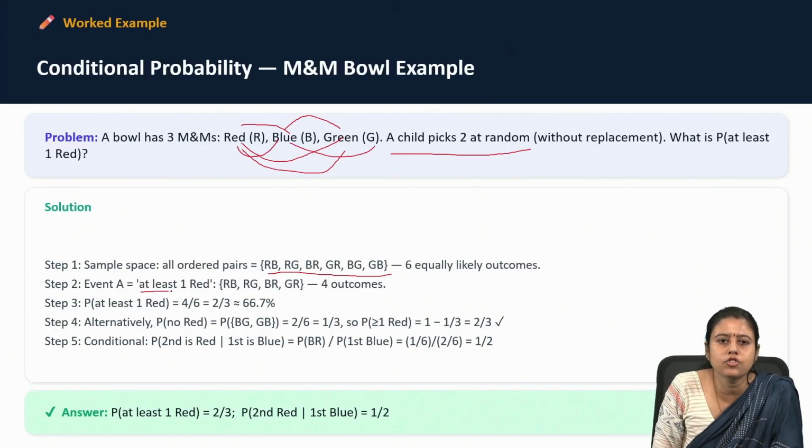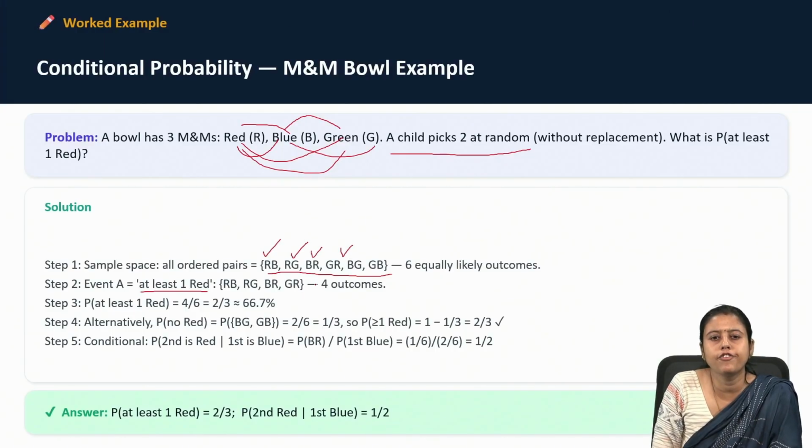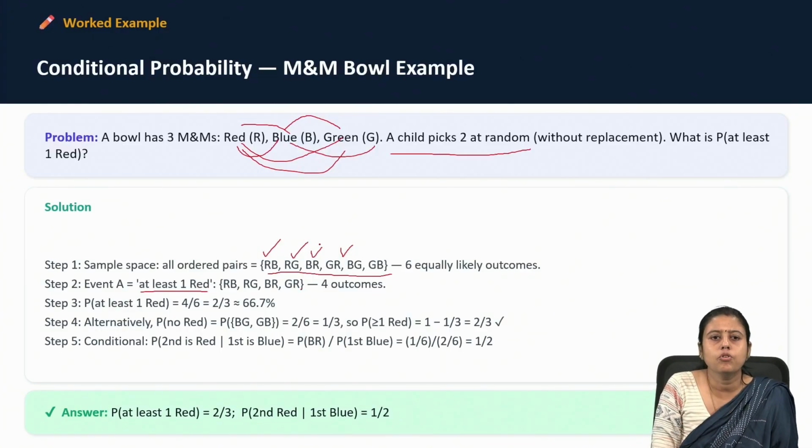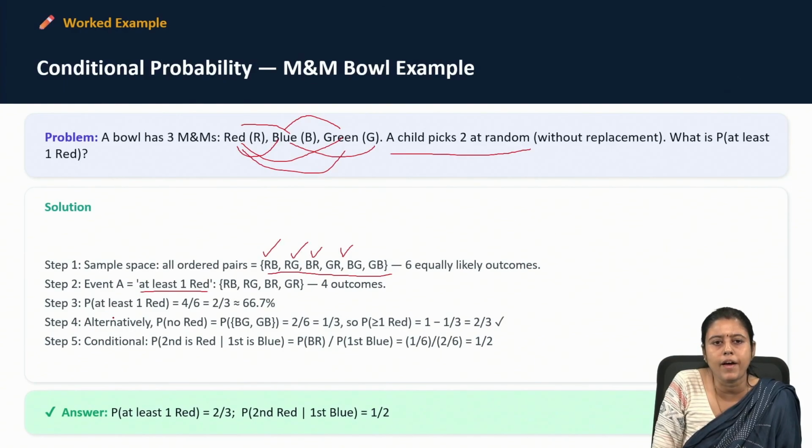At least one red: how many are there? 1, 2, 3 and 4. There are 4 outcomes where there is a red, either the first one is red or the second one is red. So what is the probability of at least one red? 4 by 6, which means 2 by 3.